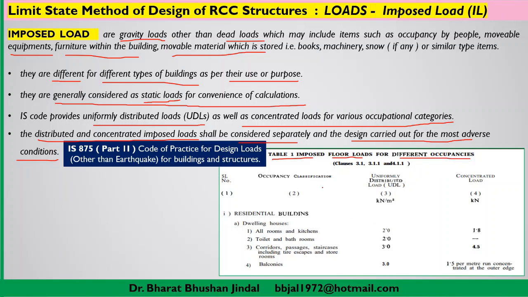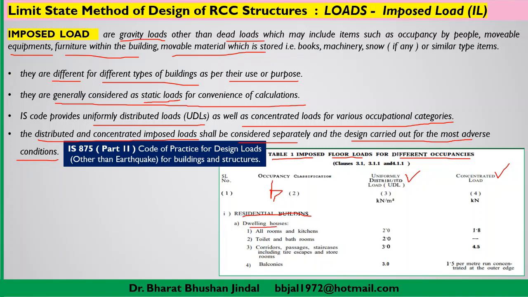Now see here, they have listed the occupancy types. It may be a residential type of building or a commercial type of building. So accordingly you can take the UDL as well as concentrated load value for your design calculation, as they have mentioned. Just a snapshot, a little bit of information.